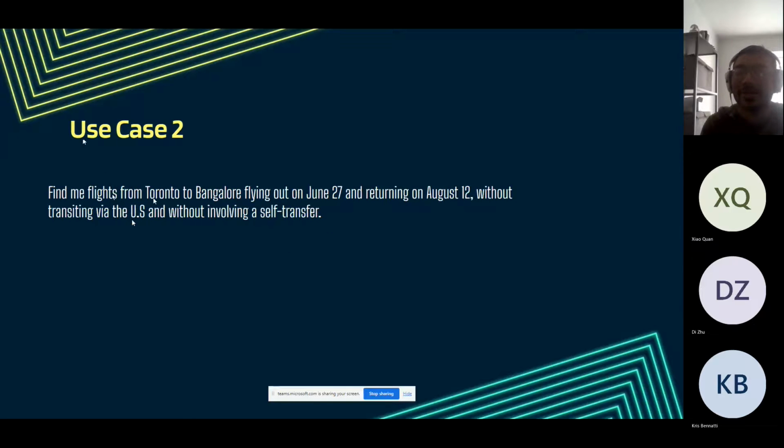So I thought Bing Chat would be a useful thing for this. Find me flights from Toronto to Bangalore, flying out June 27, returning on August 12, without transiting via the US and without involving a self-transfer.